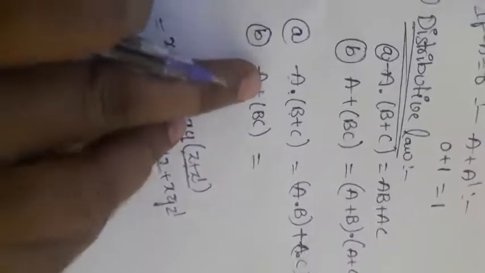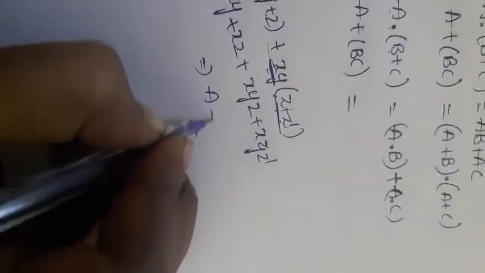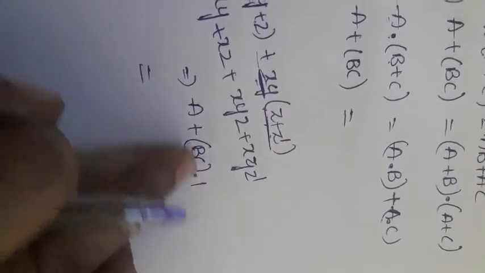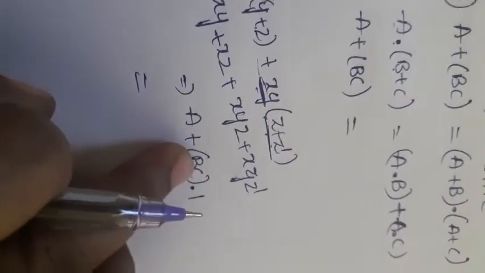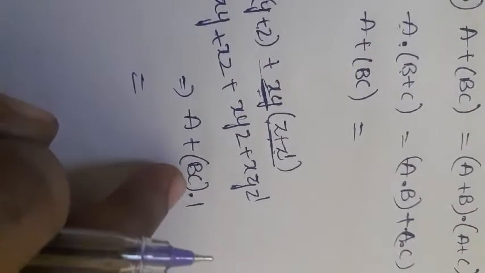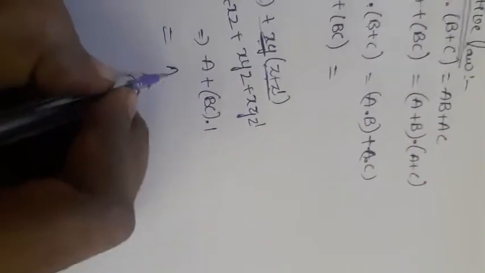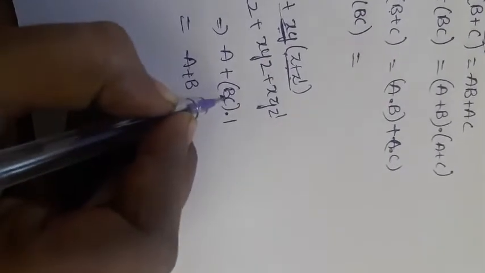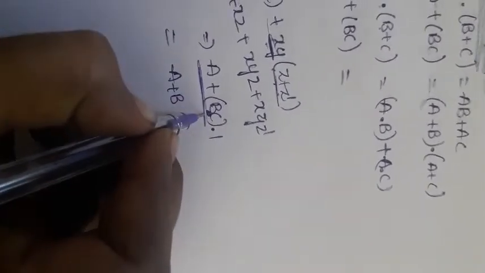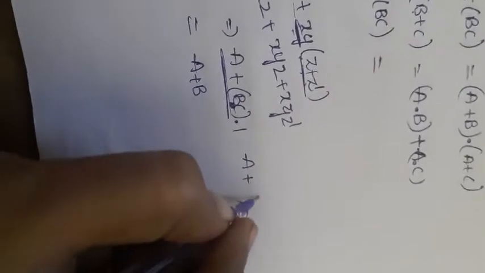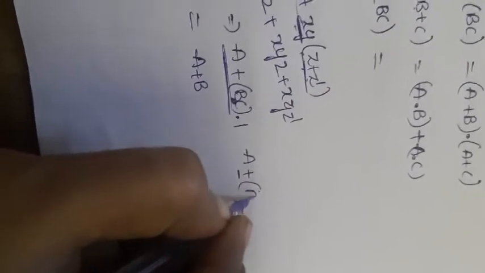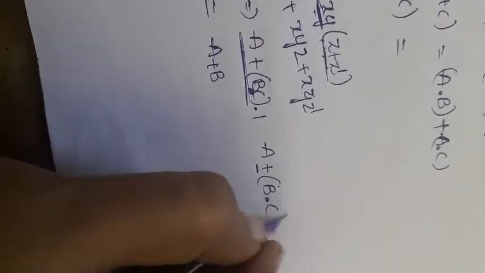How do we define this? It is A plus BC into 1, which we can write as A plus B. Between A and B we have the plus operation, and between B and C we have the dot operation.